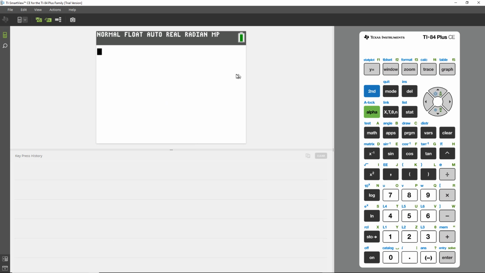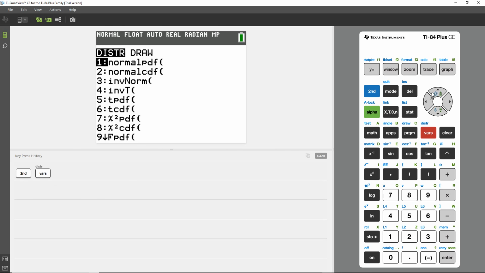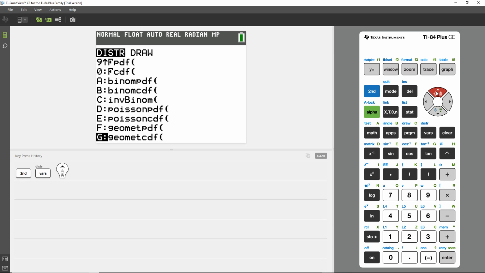And so again, our problem was there was a group of five people, and the probability of success that they know what Twitter is is 85%, and we want to know the probability of getting exactly three people. So how do we handle that? Well, you're going to go into second distribute, and then you go all the way down to A. I actually went up to get it because I knew it was at the bottom.